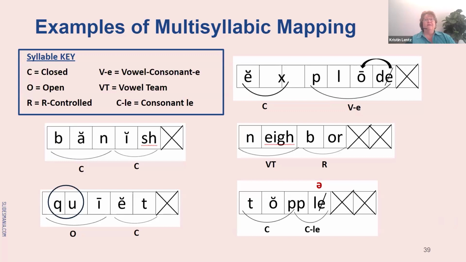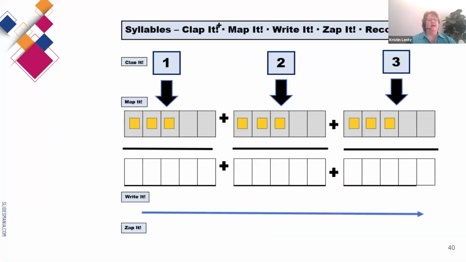So I do have some examples of multisyllabic mapping as well. And again, I have a single sheet that I've shared with you that has some of these examples that you can refer to. You can also map, clap, map it, write it, zap it by syllables.